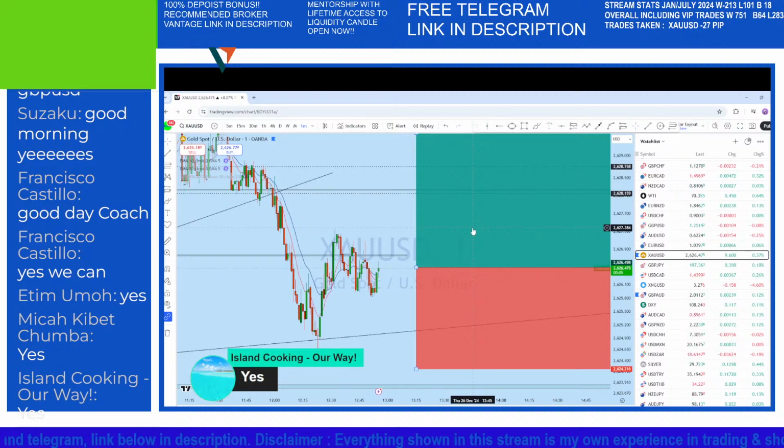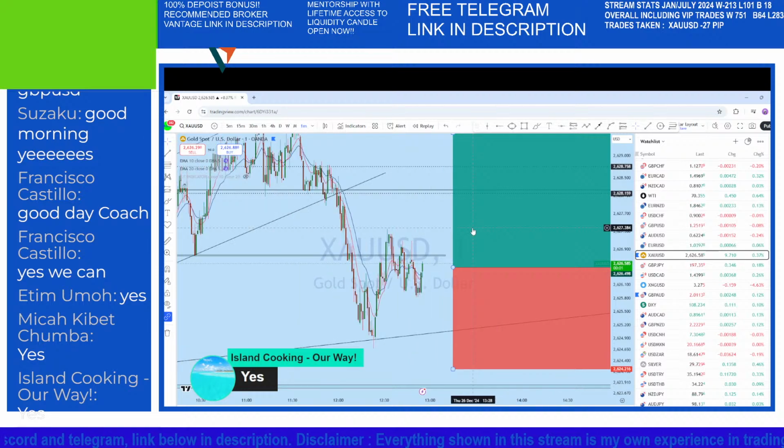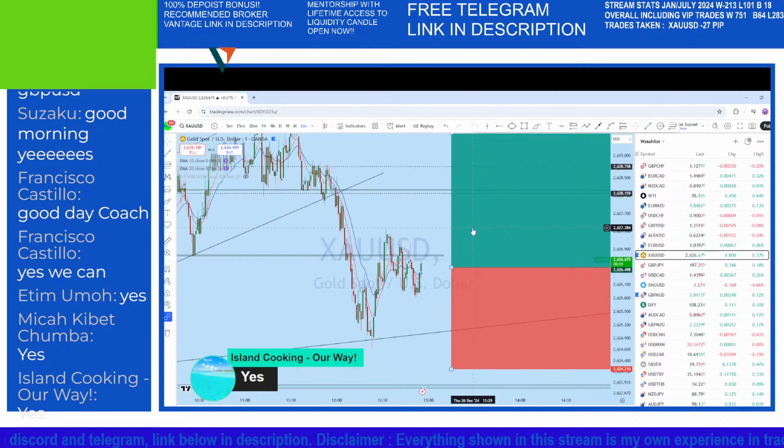And also there is another important fact that we need to look at when you are trading, is to look at how the market is reacting to certain level.